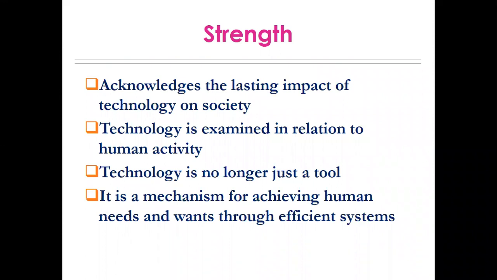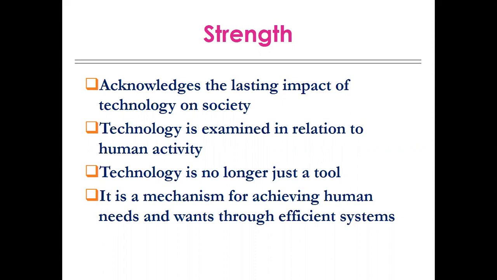The strength of this argument is that it acknowledges the lasting impact of technology on society. Okay, so they say that society has a goal and it uses technology to achieve that. Technology is examined in relation to human activity. So finally, you would see technology being associated with human activity. Technology is no longer just a tool, it is a mechanism for achieving human needs through efficient systems.